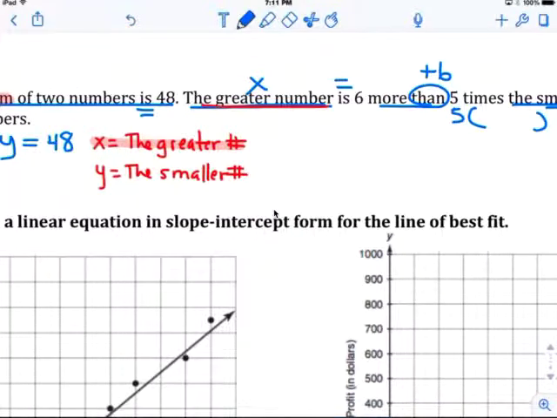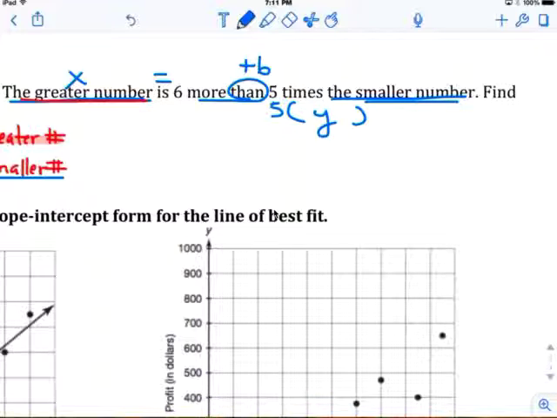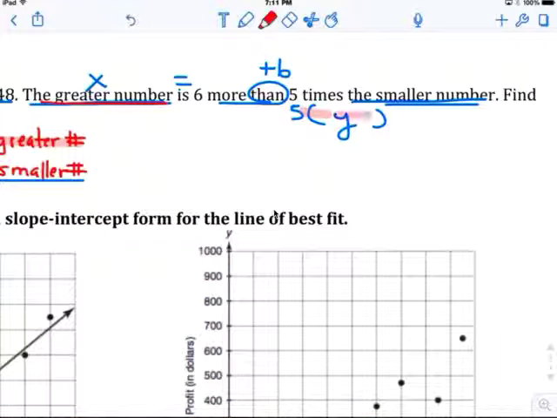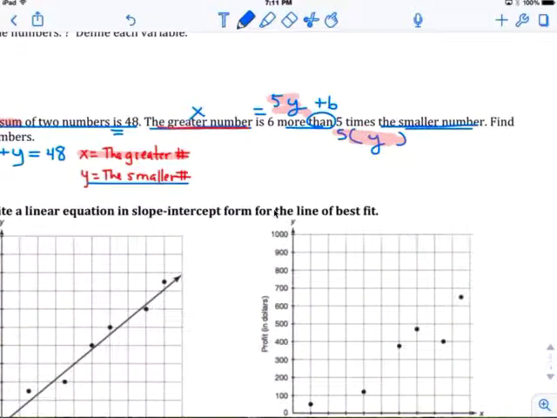The smaller number is y. So this goes there, 5y. Okay? So find the numbers. So here's your equation right there. That's your problem. X equals 5y plus 6.